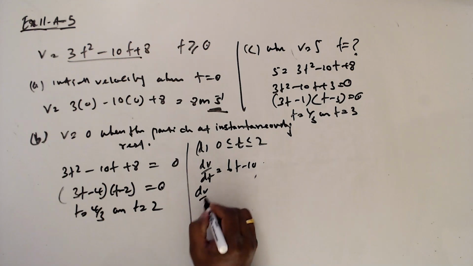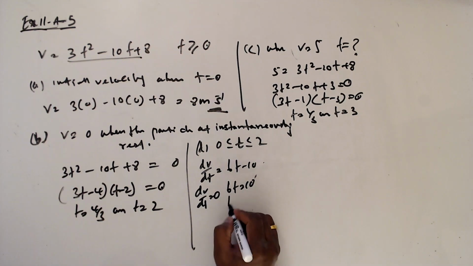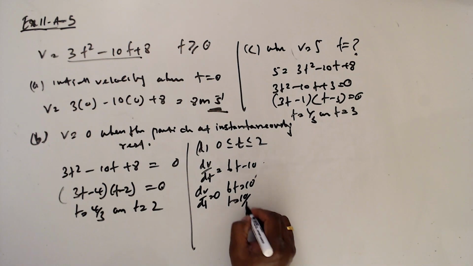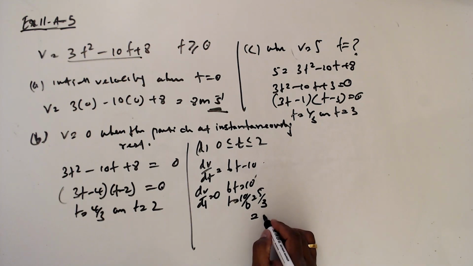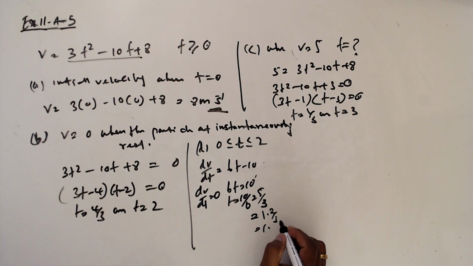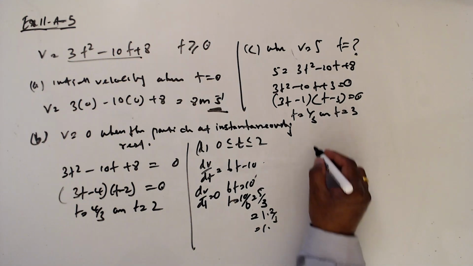So dv over dt equals 0, so 6t equals 10, t equals 10 over 6. That is 5 by 3, which is going to be 1 and 2/3, or something like 1.6.